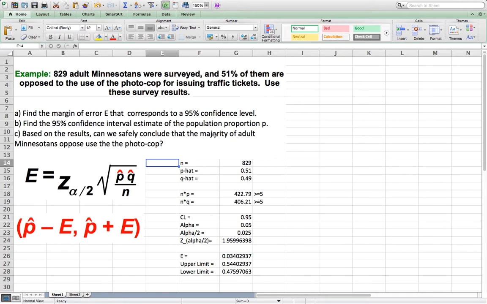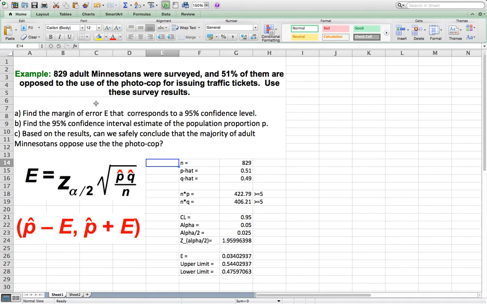First, a fixed number of trials. Yes, we have 829 trials. Second, the trials are independent. Yes, the first person's answer and the second person's answer don't affect each other, right? They're independent. Third, there are 2 categories of outcome.